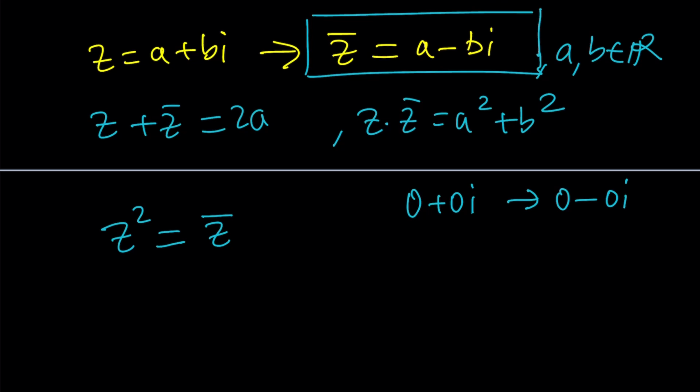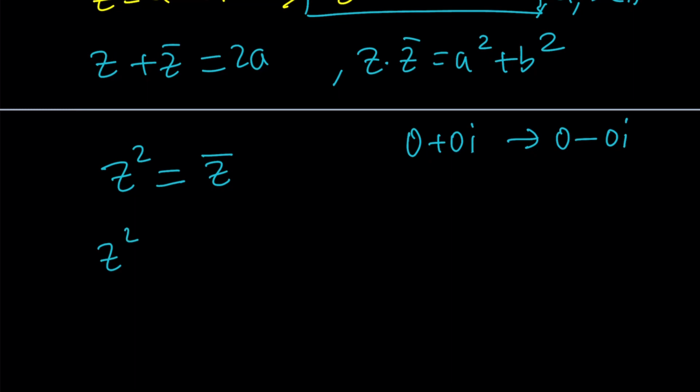If you multiply both sides by z, you get z squared times z is equal to z bar times z. Then z squared times z is just z cubed, which is z to the third power. And z bar times z gives you the sum of two squares, but what is so special about it? Think about the definition of absolute value. What is the absolute value of a plus bi?